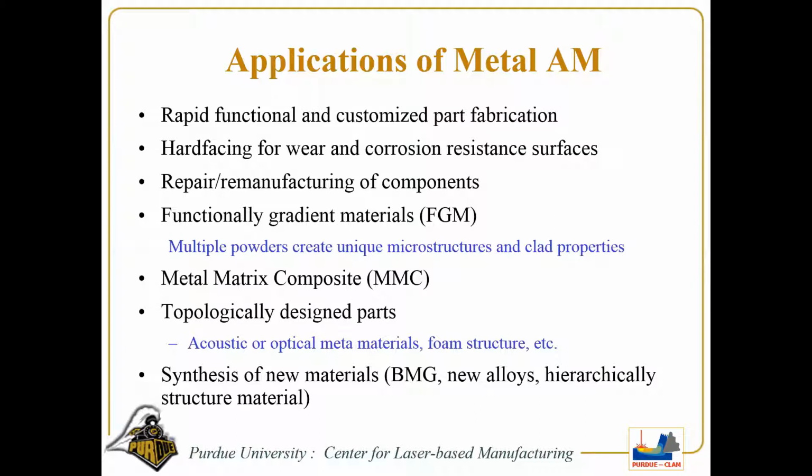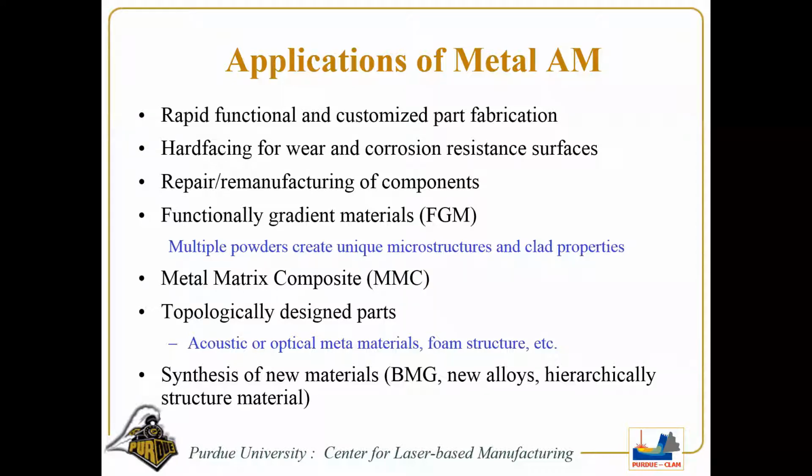Metal additive manufacturing is a good way of accomplishing a lot of these goals, because you can rapidly synthesize the materials in situ. And you have probably heard of something called the lattice structure. It's a topologically designed structure. So instead of a dense structure, it's more like a mesh type structure.